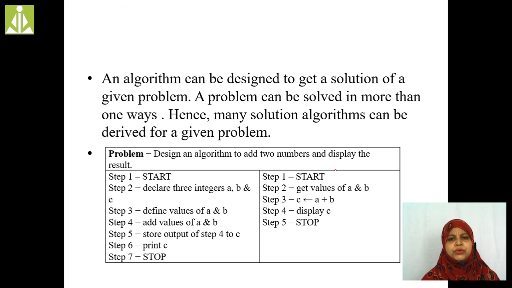You are programmer two, you are going to design a different kind of solution for the same problem. In the same way, for a single problem we are going to get multiple algorithms. But whereas if I write code in the C programming language, we have to follow that particular code only.